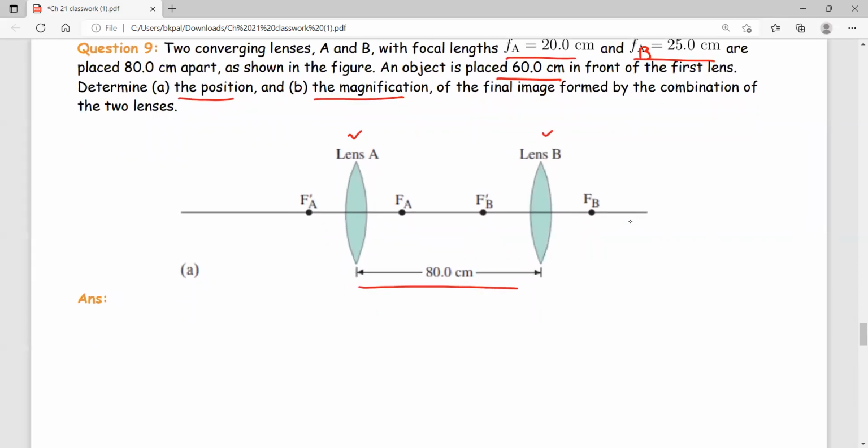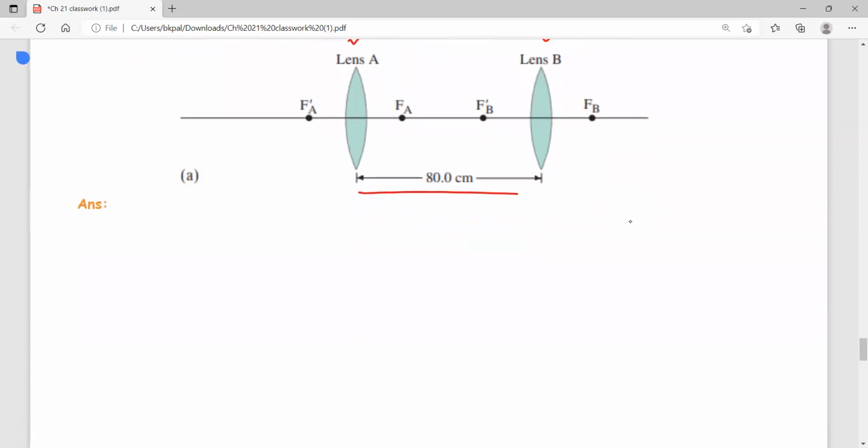If we have something like this, we have to solve the image distance separately and the magnification separately for both lenses and then combine. So let's see how to do that. First let's solve for lens A, and then we'll do the same thing for lens B. We have to calculate di, and I'm just writing di because we are using this equation several times.